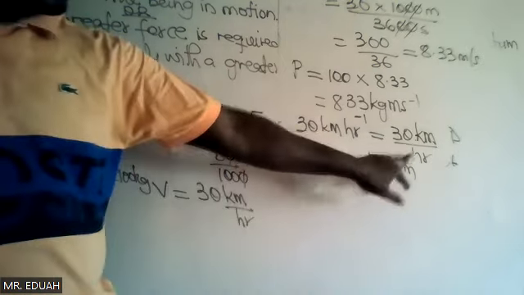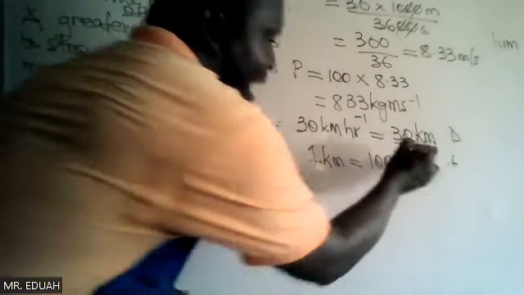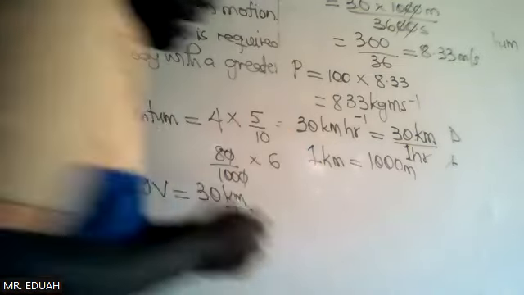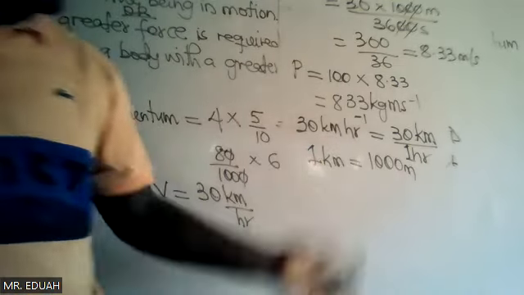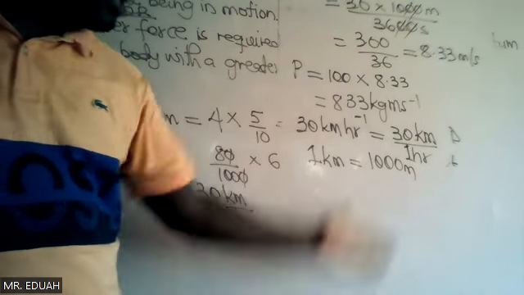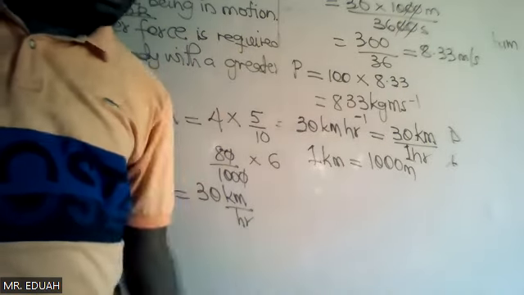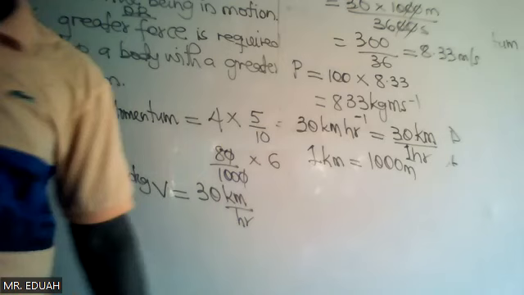Then I come to the denominator, which is the time. I am converting 1 hour to seconds, and I know 1 hour is equal to 3,600 seconds. So I divide the distance in meters by the time in seconds, and that's it.